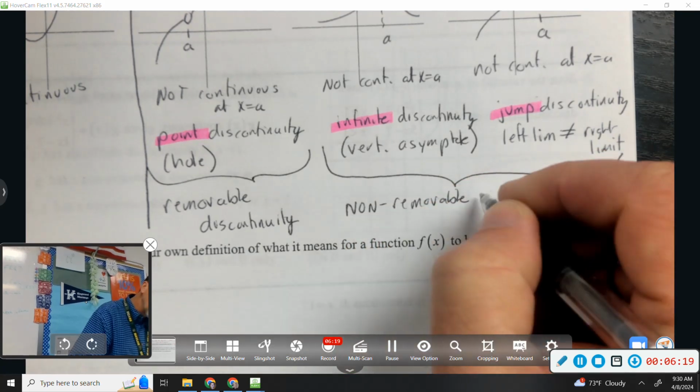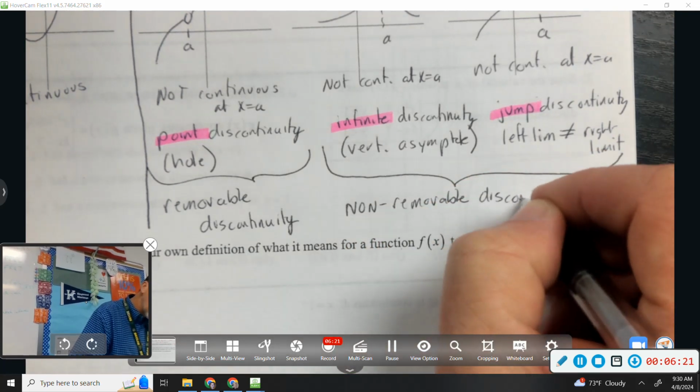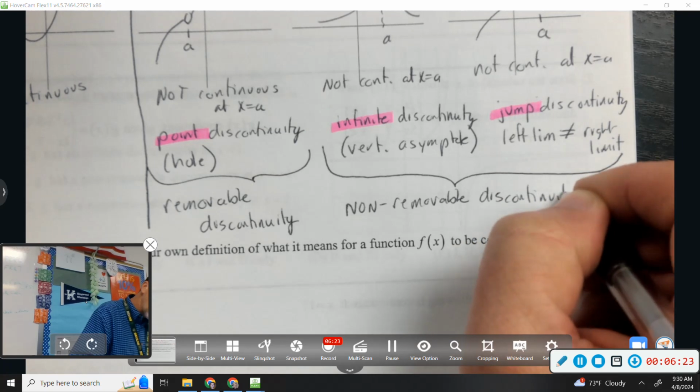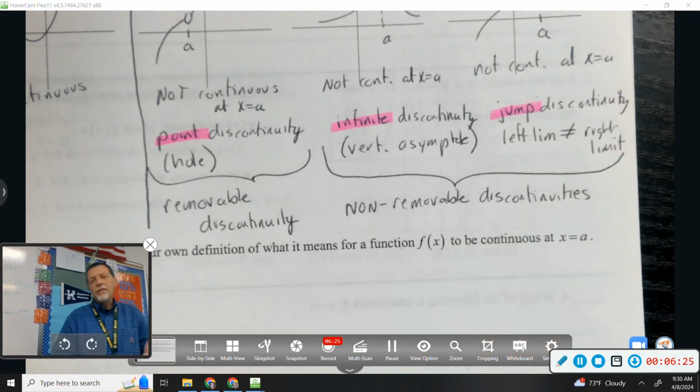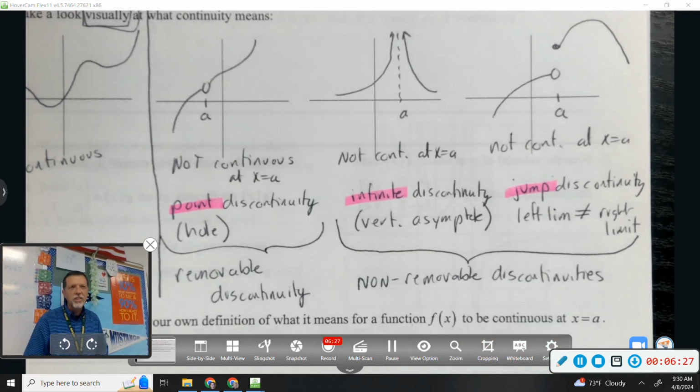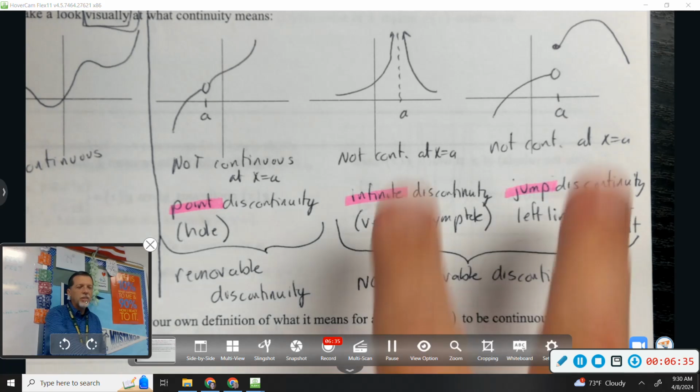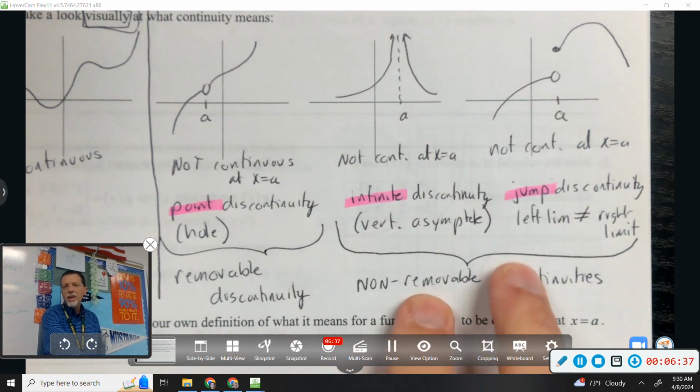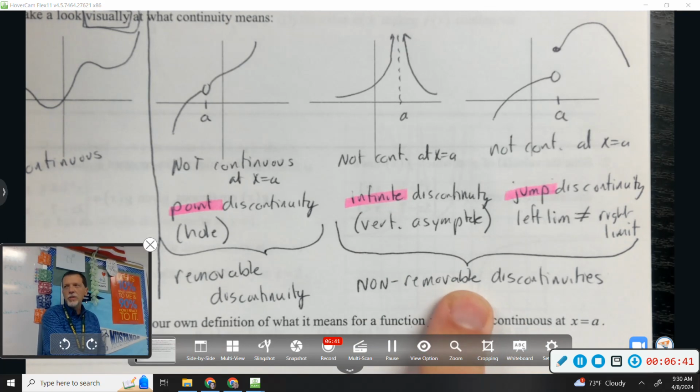You can't remove those, again, without majorly messing up the function. If it's just a hole, that seems easy. That's fixable, that's removable. If you filled in the hole, you'd remove the discontinuity. The other two are too extreme of a discontinuity to be fixable. Those are not removable. You're stuck with those.